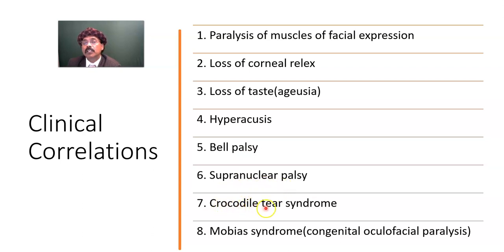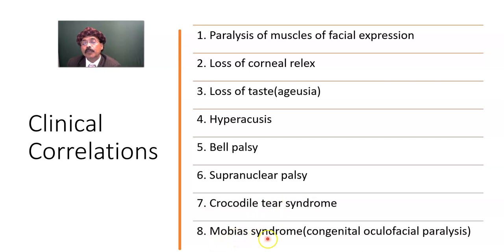We have crocodile tears that may happen. So there may be a lesion in the facial nerve just proximal to the geniculate ganglion. So the preganglionic fibers will unite with the fibers of the pterygopalatine ganglion. So when the person eats, there may be lacrimation.